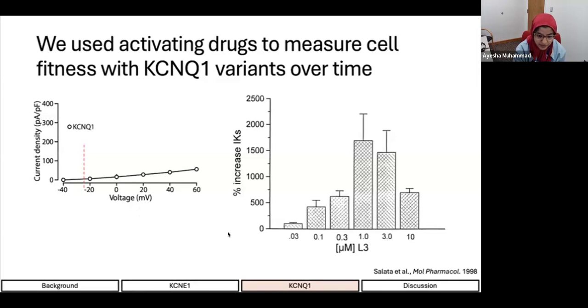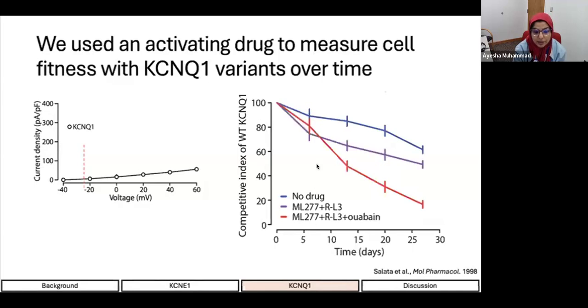One of them, RL3, is demonstrated here. On the x-axis is the concentration of RL3, and on the y-axis is the increase in IKS, or the potassium conductance. You'll notice that this potassium conductance peaks around 1 micromolar of RL3.